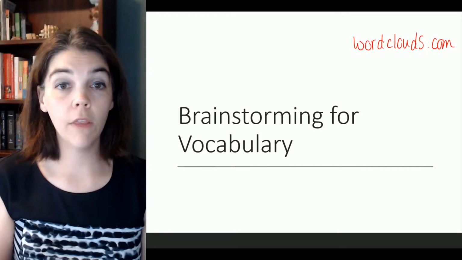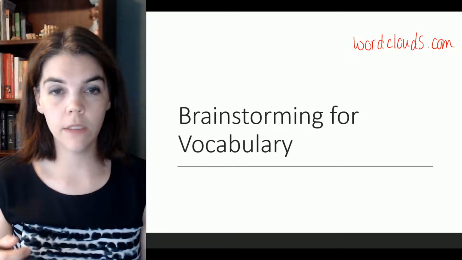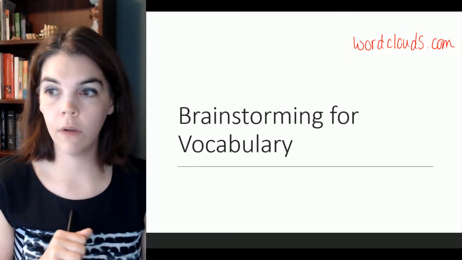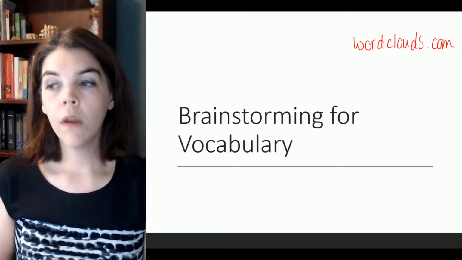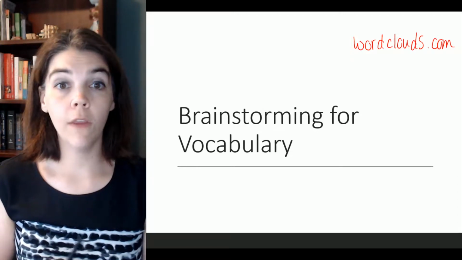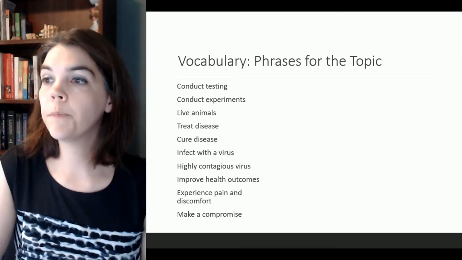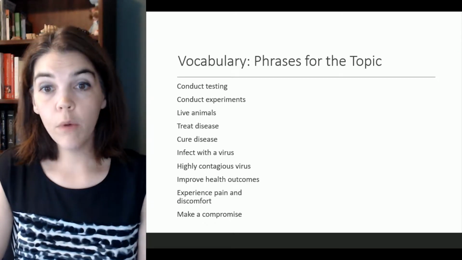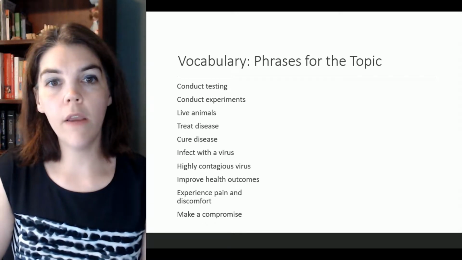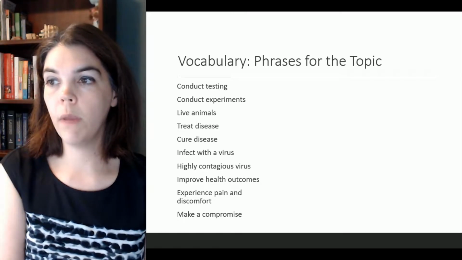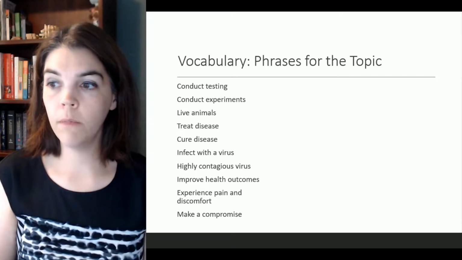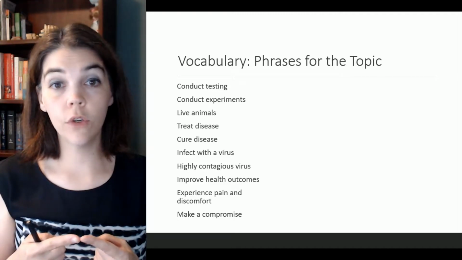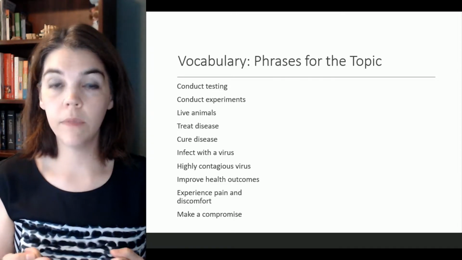In the videos that I recommended in the first part of this series, I listened to all of them and I made notes about the vocabulary that they use that I thought would be useful to you. So let's go over some of the vocabulary that I heard that I think might be useful in your paper. Some of these are collocations, meaning that words just go together naturally in English.